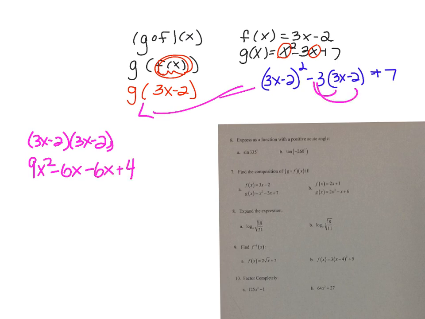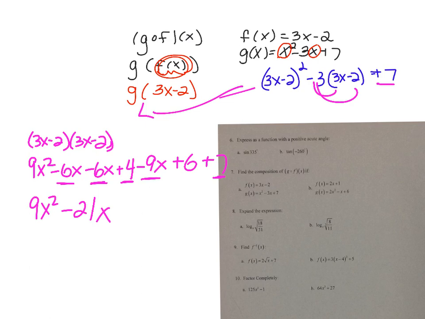I'm going to distribute the negative 3, so I get negative 9x plus 6, and then I have the plus 7. Let's combine like terms. We have 9x squared. Negative 6x and negative 6x is negative 12x, minus 9x is negative 21x. And then 4 plus 7 is 11.